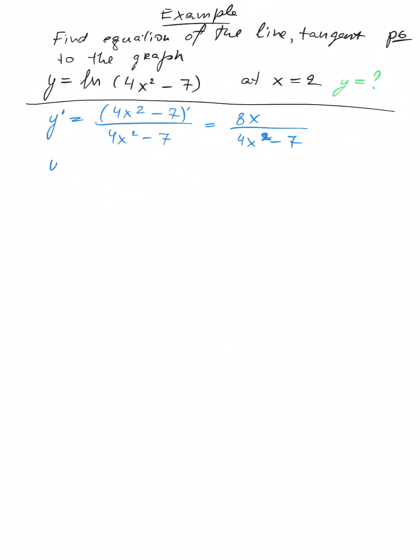Let's take this derivative, evaluate it at 2, and it gives me 8 times 2 over 4 times 2 squared minus 7. And that simplifies to 16 over 9, and it's approximately 1.778. Okay, that's the slope.